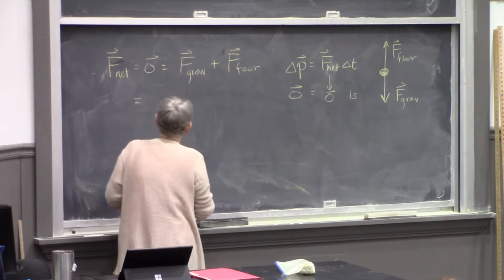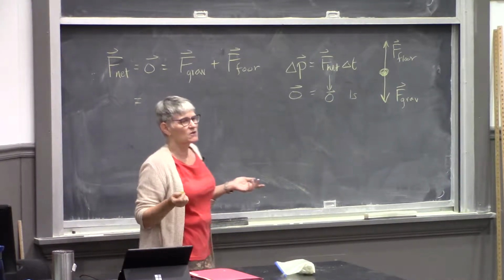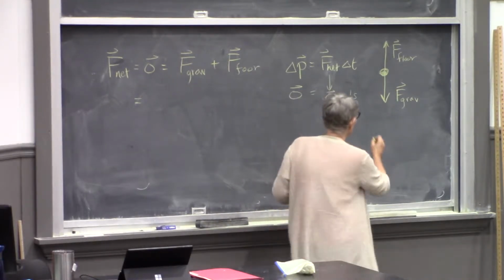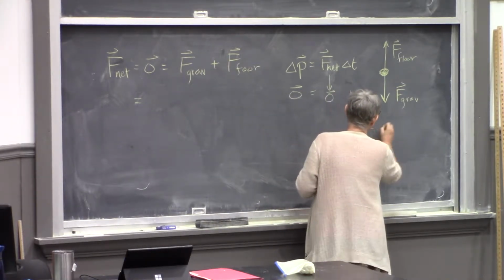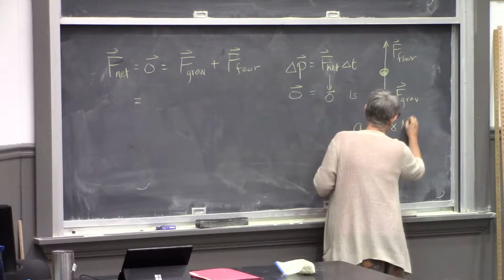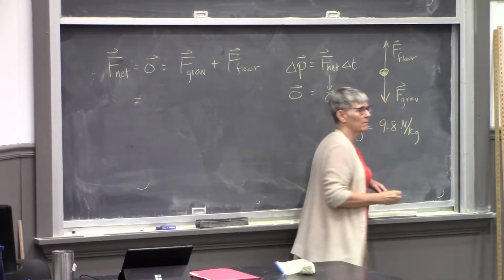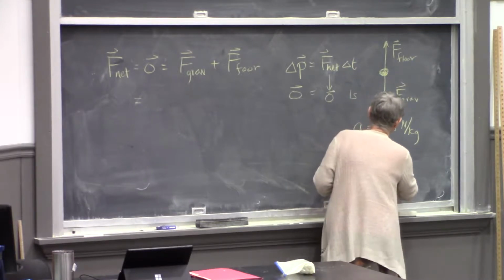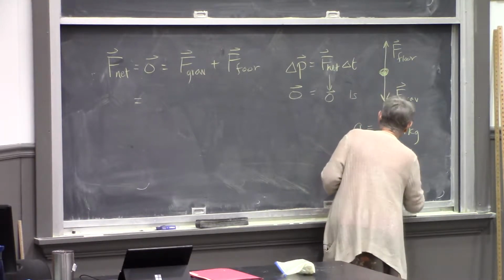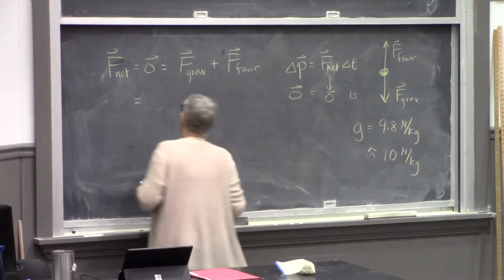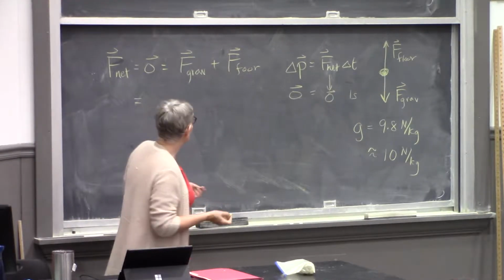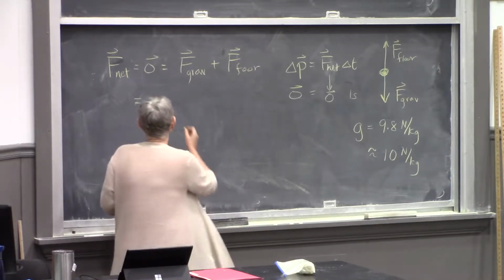For the purposes of estimating things, we know little g is 9.8 newtons per kilogram, but we're just going to make some estimates here. So let's say it's approximately 10 newtons per kilogram. And let's say the mass of this physics professor is 70 kilograms, more than it ought to be, but never mind.